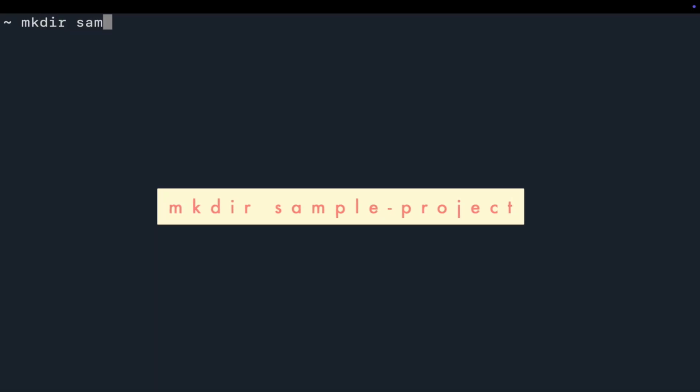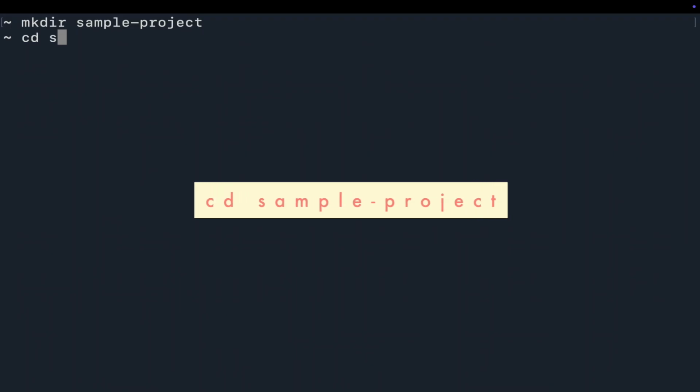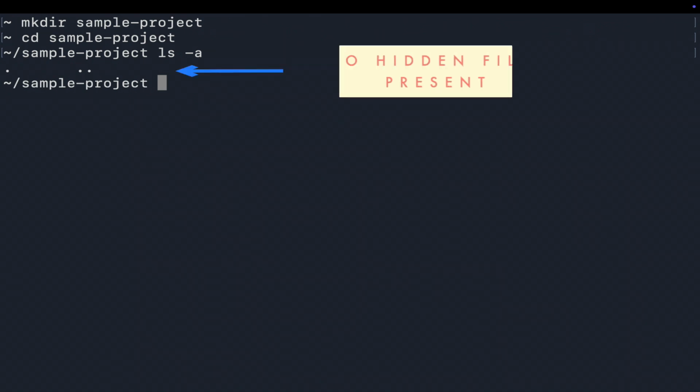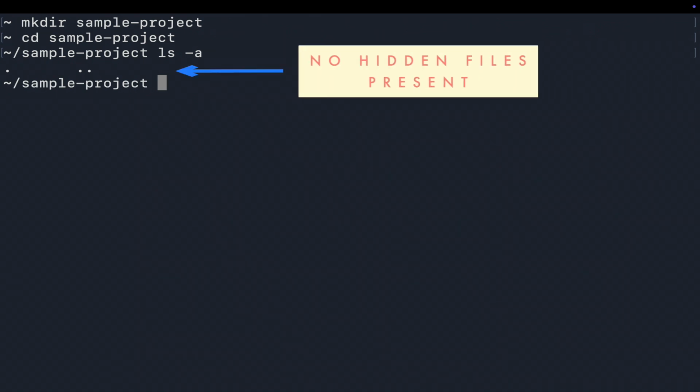So now let's try a demo and feel it, and see whether what we discussed is actually happening. Let us first create a directory, and we ran the command mkdir sample-project. Let's go into that directory: cd sample-project, cd is for change directory. Then we use the ls -a command, and we see that there are no files present, no hidden files present, so this repo is not initialized.